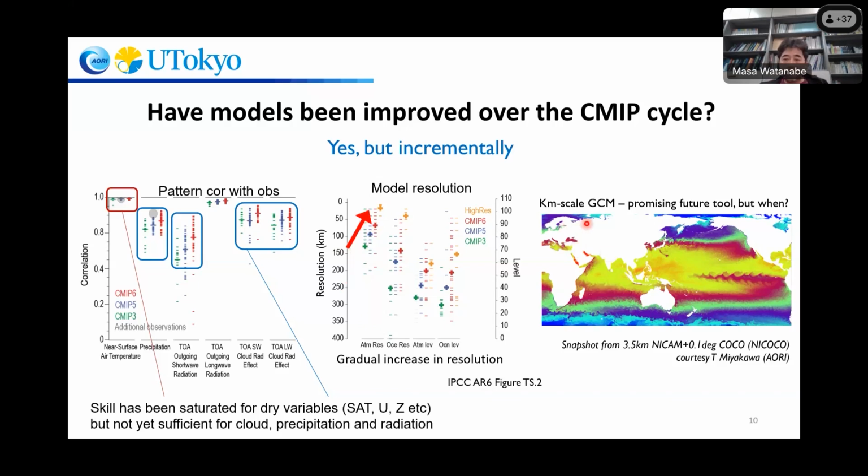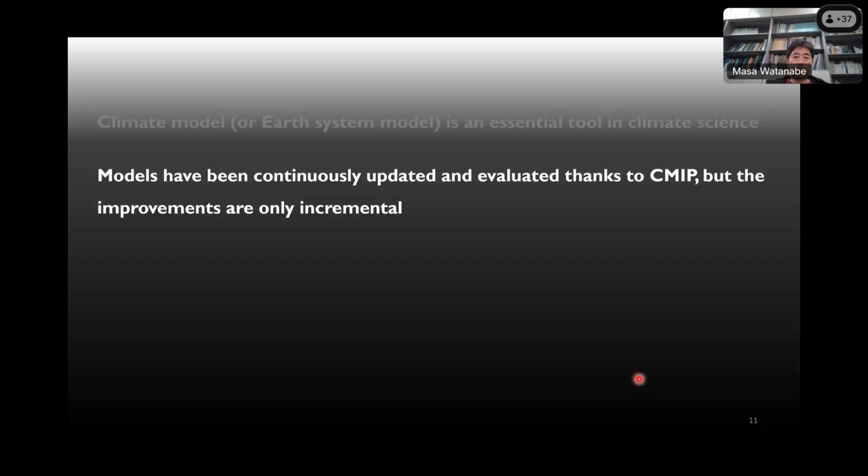Such very high resolution models may be a leap that promises incredible improvement in the climate simulations, but they are not yet ready to use for the CMIP experiments.